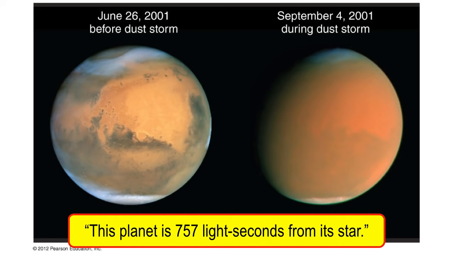In the olden days, like 100 and something years ago, the late 1800s even, they thought those were canals. They thought that the Martians had built canals to irrigate Mars. And that's a whole other story, the canals of Mars.